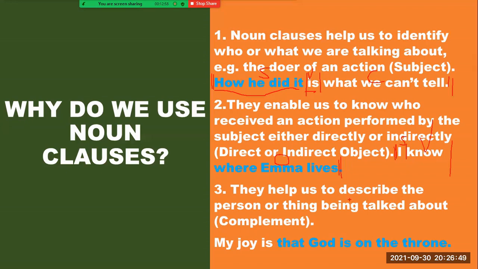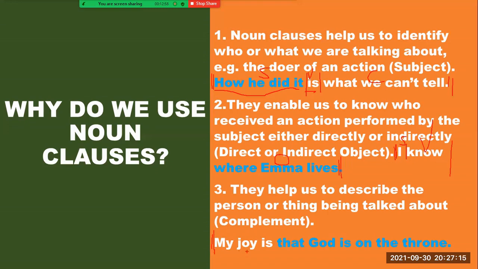Now, the third reason why we use noun clauses is that they help us to describe the person or thing being talked about. In this case, we use a complement to describe the subject or the object. Let's look at the example here.